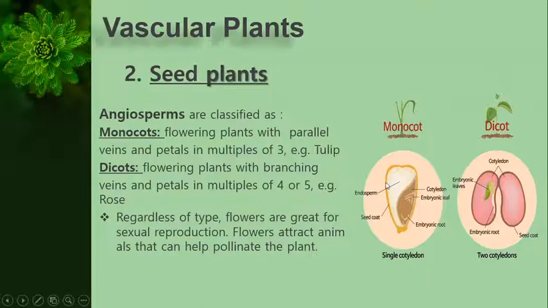This is a protective layer that encloses the embryo and protects the seed from the external environment. Angiosperms are classified as monocots and dicots. Monocot flowering plants, and dicot flowering plants.